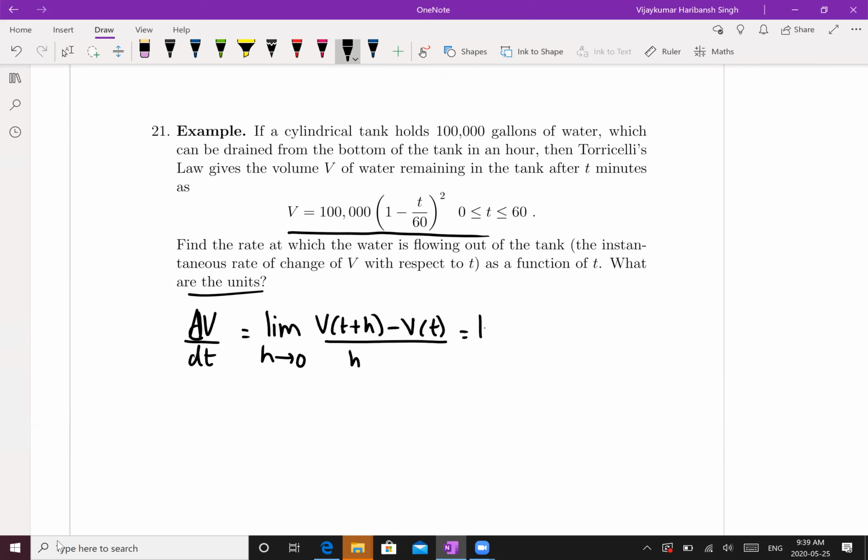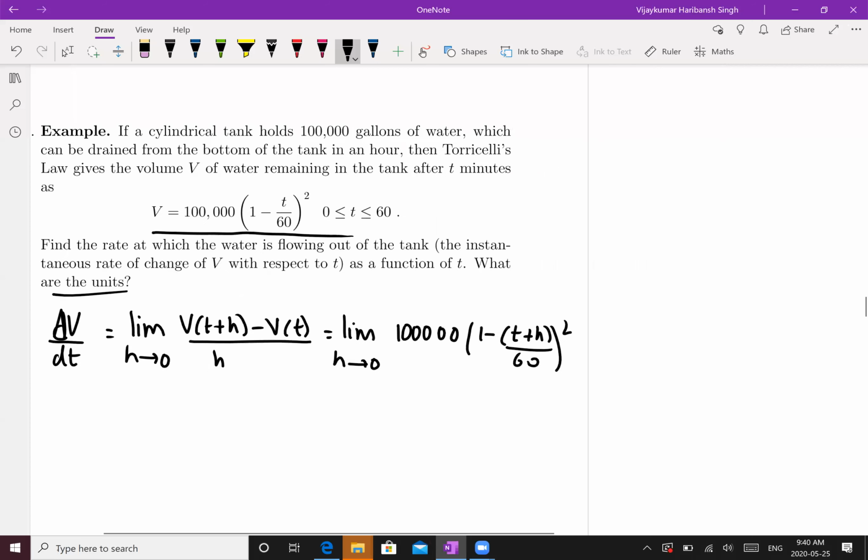That is going to be limit as h goes to 0, 100,000 times 1 minus (t plus h) by 60 the whole square, minus 100,000 times 1 minus t by 60 square, the whole divided by h.